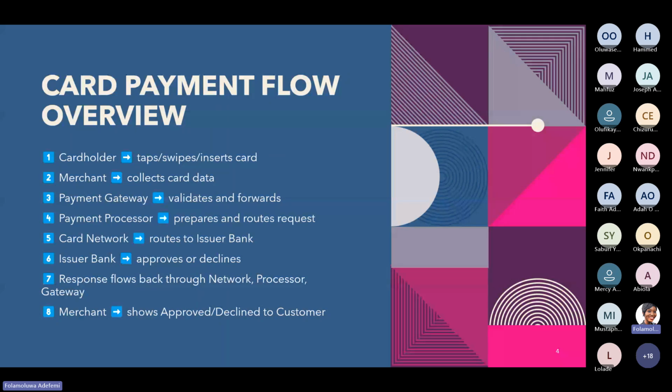There's also the payment gateway. So once that terminal has accessed your card details, those card details have to be transmitted for authorization, meaning for your payment to go through. So there's a payment gateway right after your details have been collected on the device. And what the payment gateway literally does is handle transmitting of that data first and foremost.